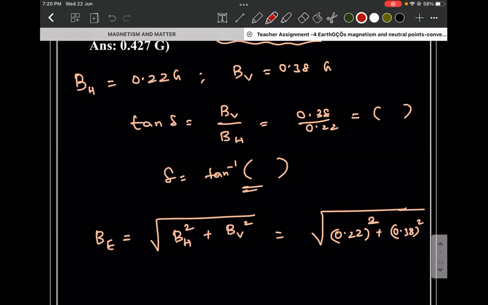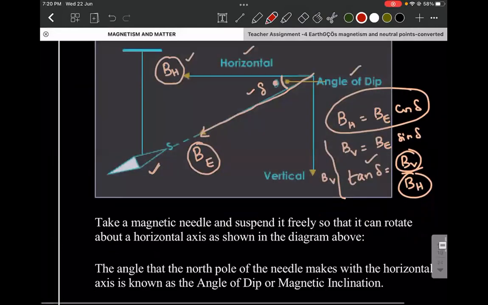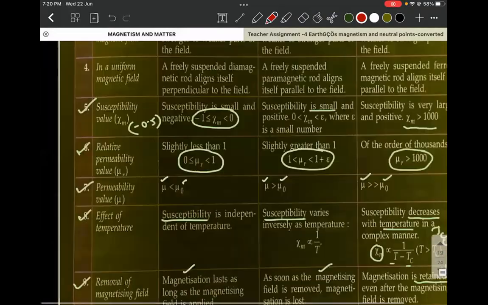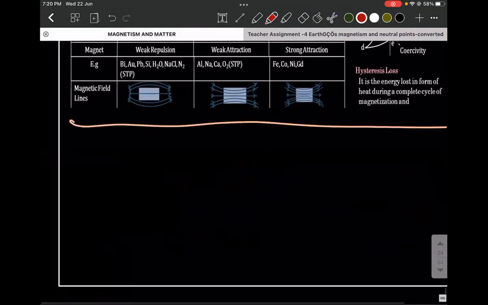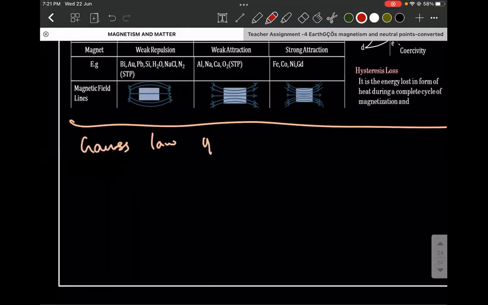There is one small point that is left out, write down, which is called Gauss Law of Magnetism, which is just one step.